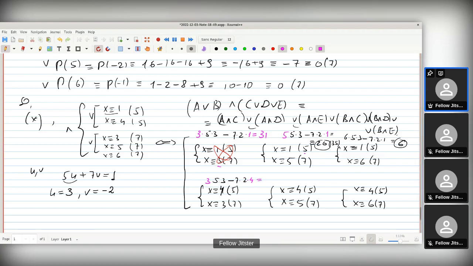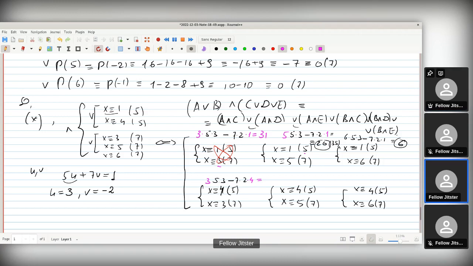But anyway, let us compute. Okay, give me the result. 45 minus 56. What is it?